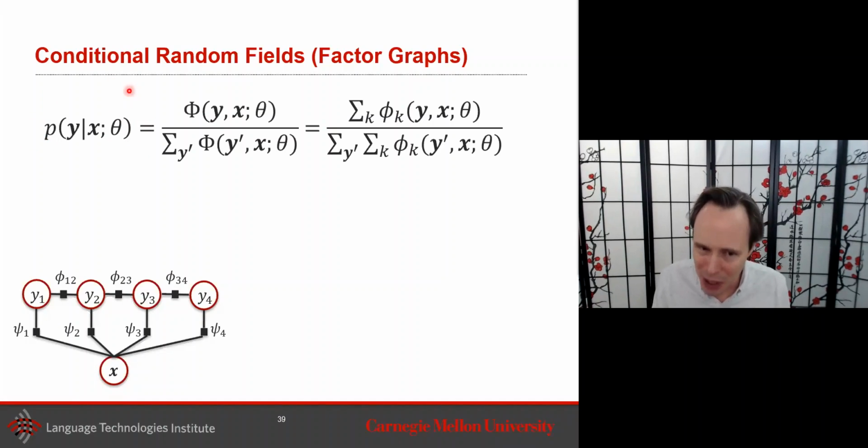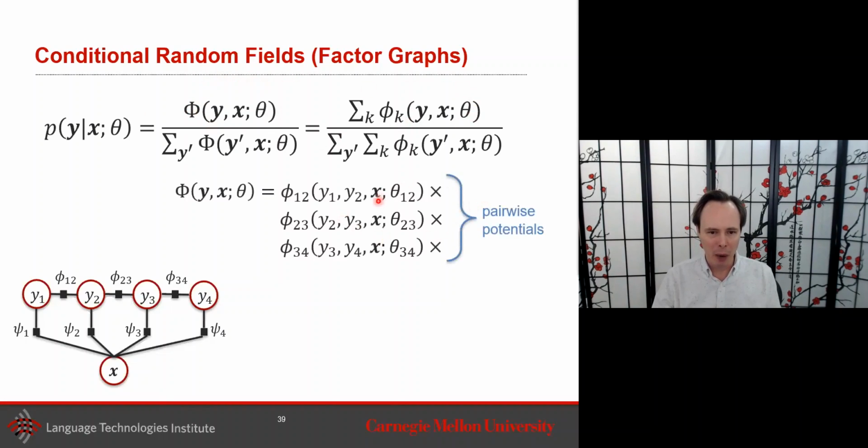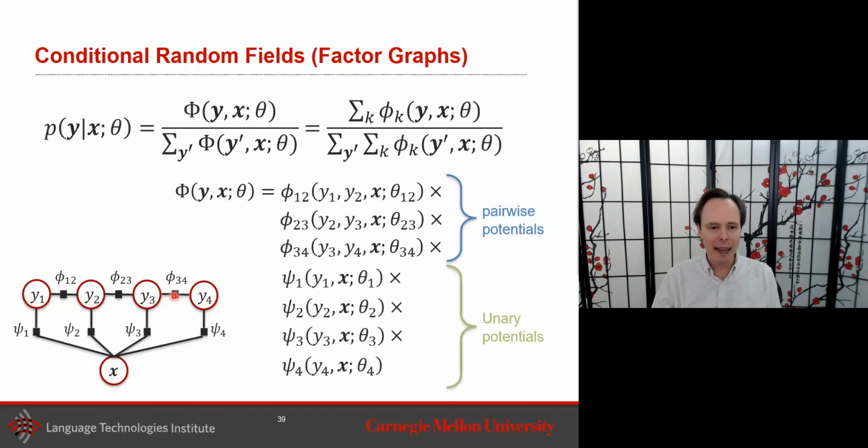The rest of the formulation is a lot like a normal Markov random field. I will define that probability P of y given x using potential functions, which are defined with both pairwise potentials and unary potentials.